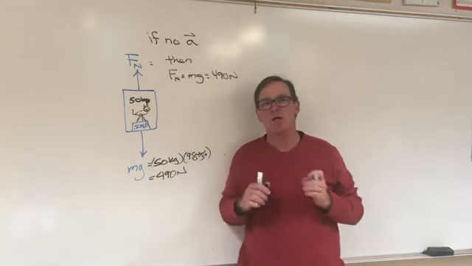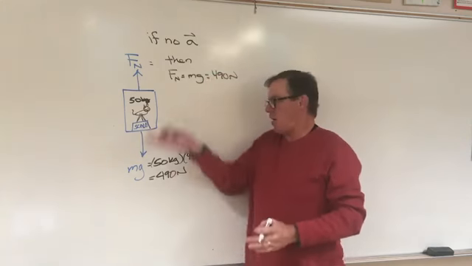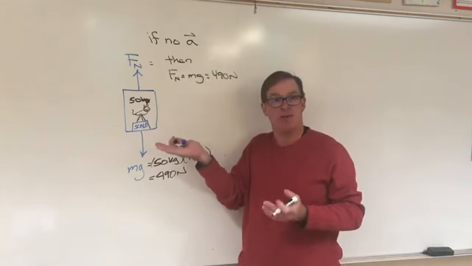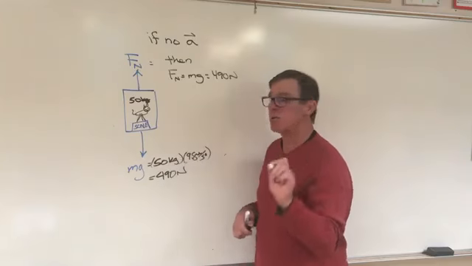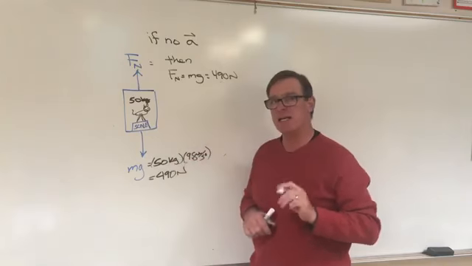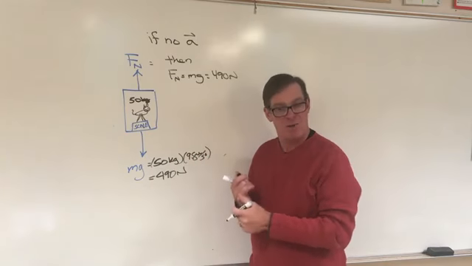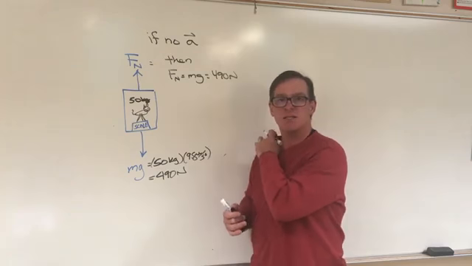A quick word. What the scale reads is how hard it pushes up on the dog. And so when the problem asks what is the scale reading, it's going to be 490 if the dog is either at rest or moving at a constant velocity.